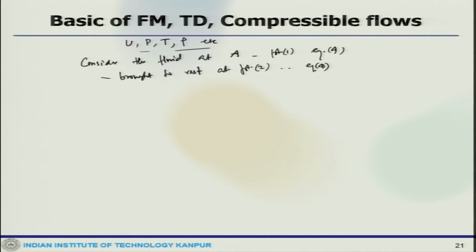So, what will happen then? U2 equals 0, P2 will be P naught, T2 would be T naught, and something like that.